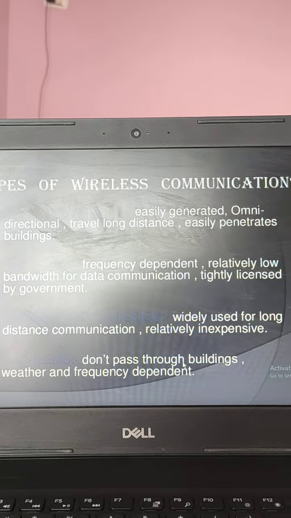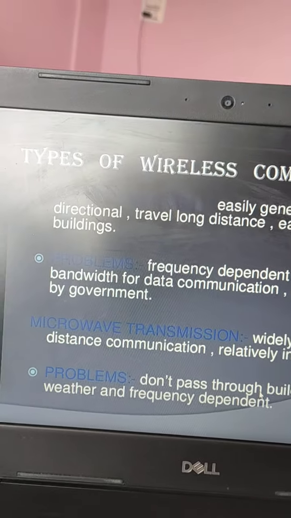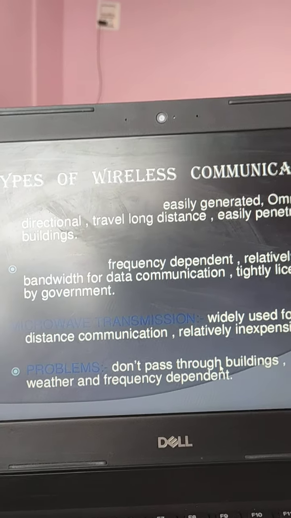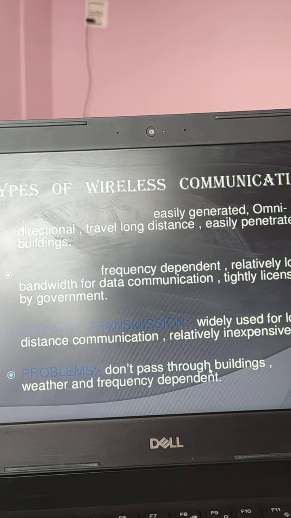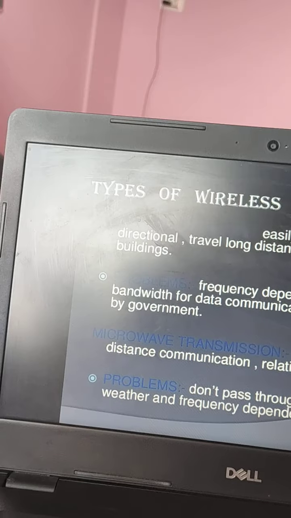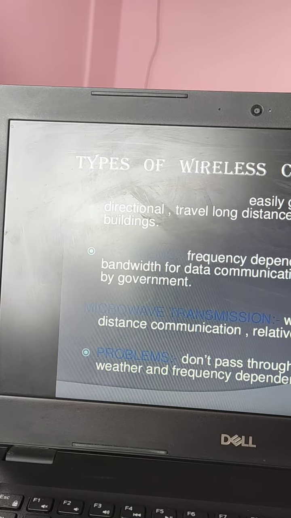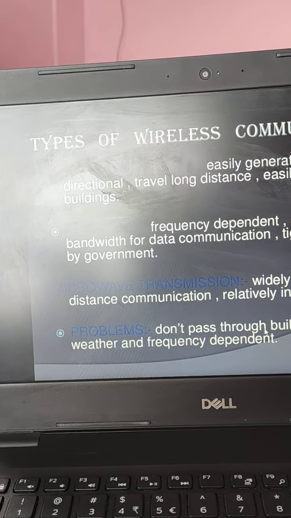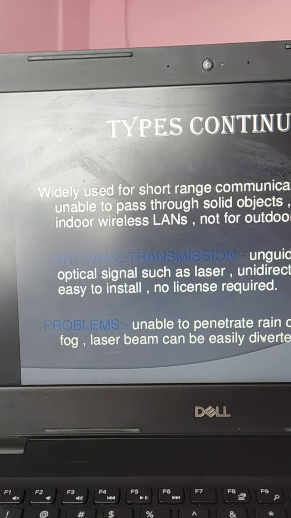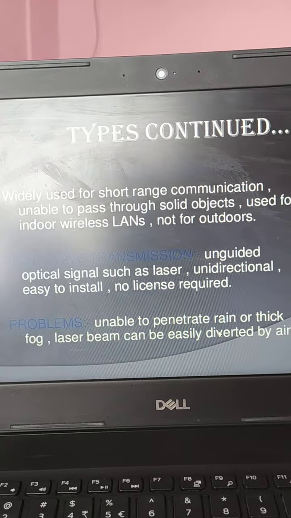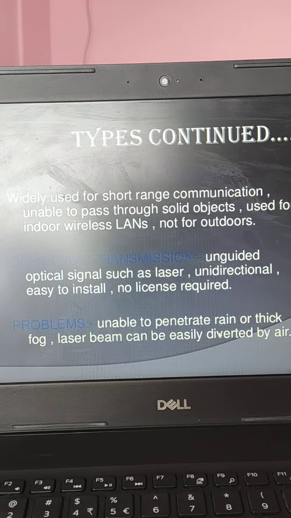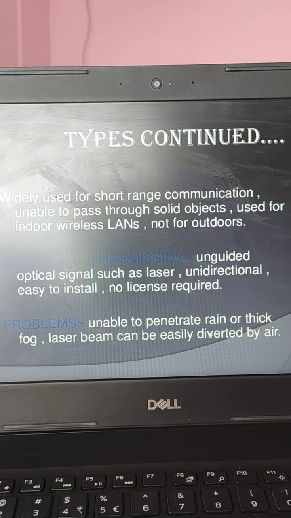Then there are different types of communication. Radio communication is omnidirectional and travels long distance. Another one is microwave transmission, used for long distance communication. Then infrared and millimeter waves are widely used for short range communication and are unable to pass through solid objects.